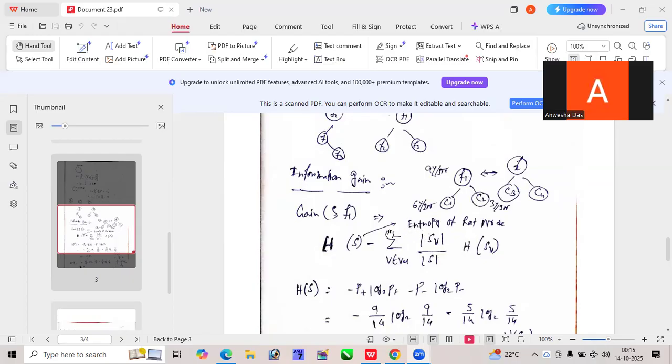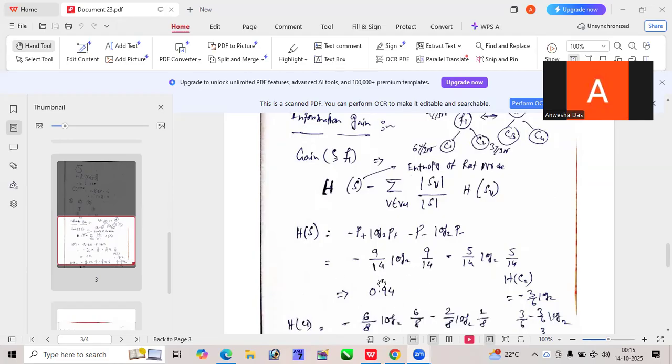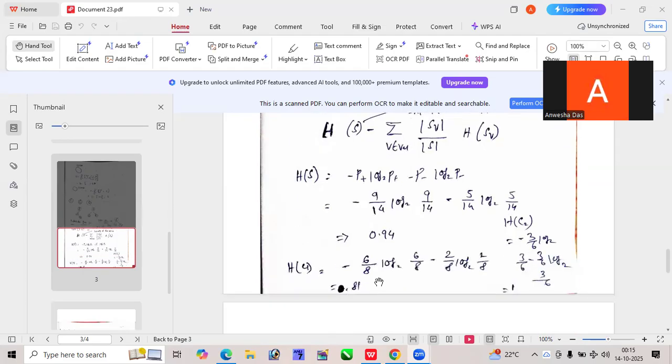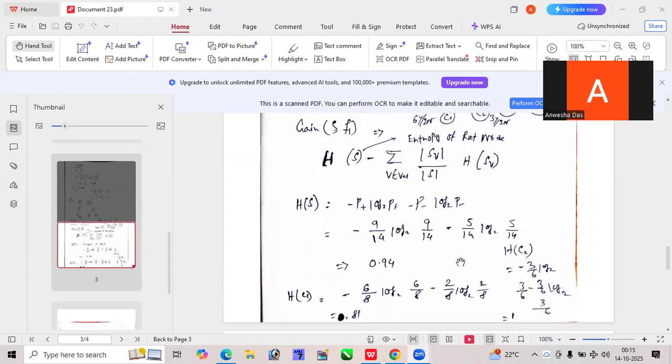First of all, we will calculate the entropy of the root node. What is the entropy of the root node? H of S, that means 9 yes, 5 no. See, minus 9 by 14 log base 2 of 9 by 14 minus 5 by 14 log base 2 of 5 by 14. What is the value now? 0.94. Now we'll calculate individually. For C1, minus 6 by 8 log base 2 of 6 by 8 minus 2 by 8 log base 2 of 2 by 8.